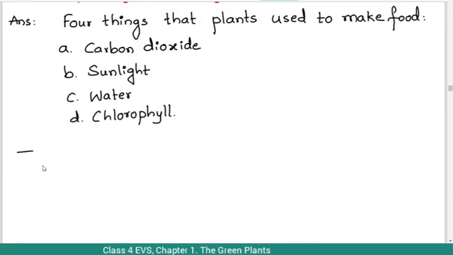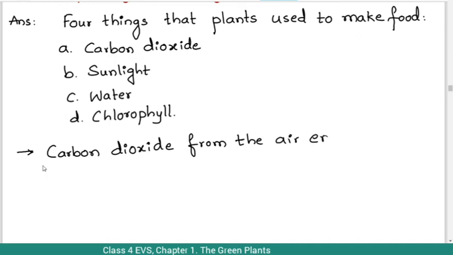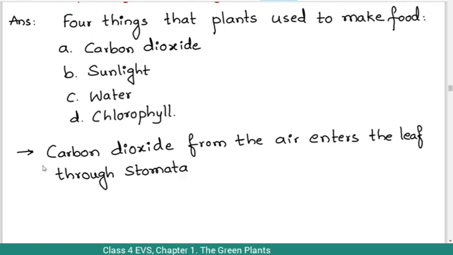From where does the plant get carbon dioxide? Carbon dioxide from the air enters the leaf through stomata. Next one is sunlight, from the sun.